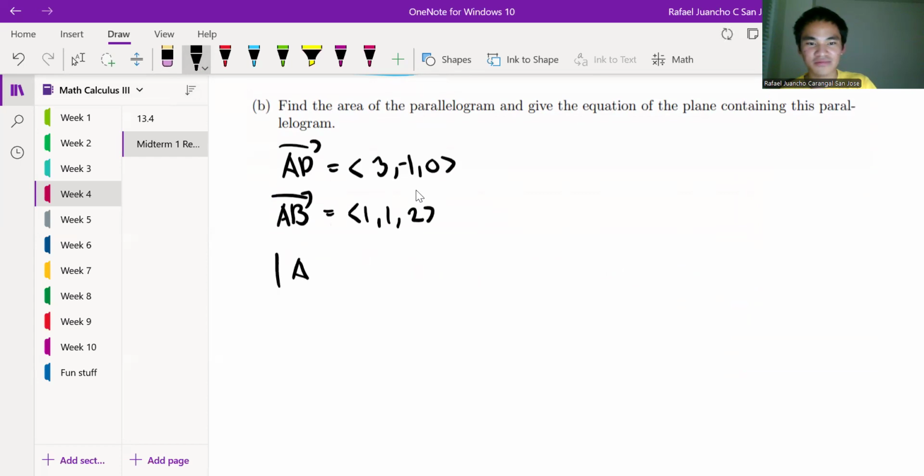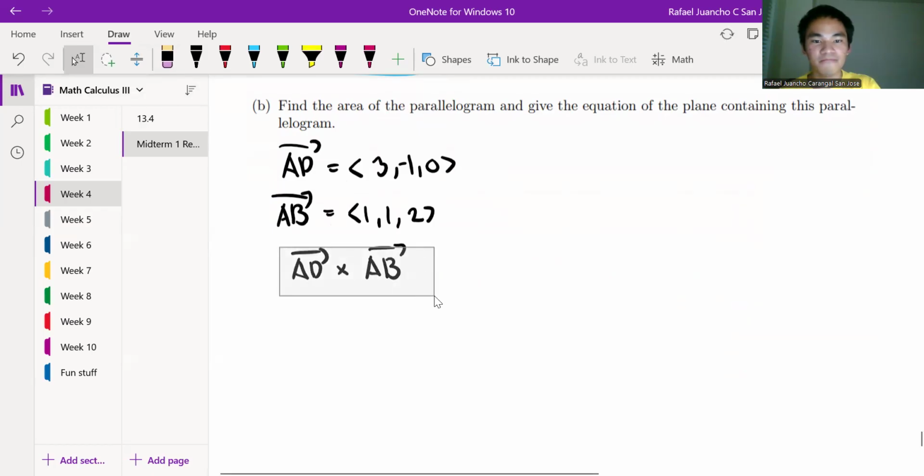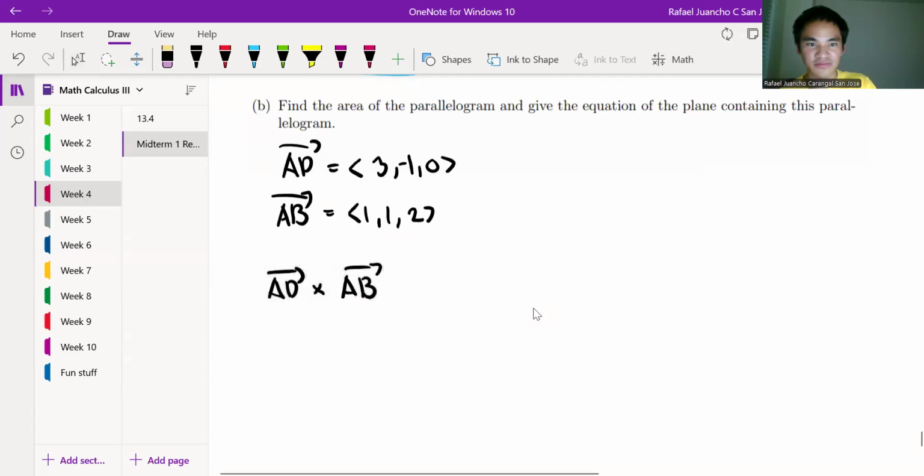Wow. Okay, not intuitive. I get their cross product and the magnitude of that. So that's what I have to do. I was like, wait, I got a different answer. That's annoying. Okay, let me just do a cross product here.